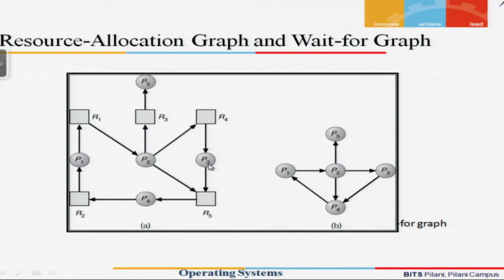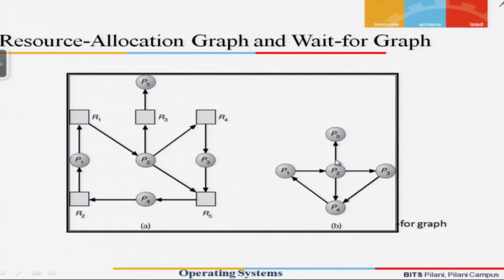So P3 is waiting for P4. Similarly, we can say that P4 is requesting R2, which is held by P1. So P4 is waiting for P1. So in this way, we can construct a graph of this kind.